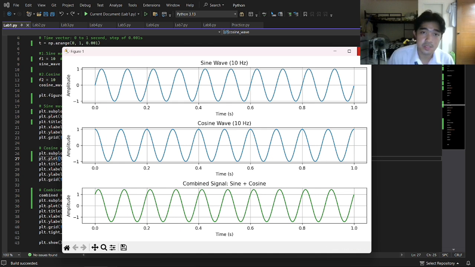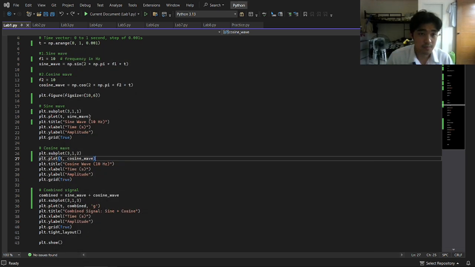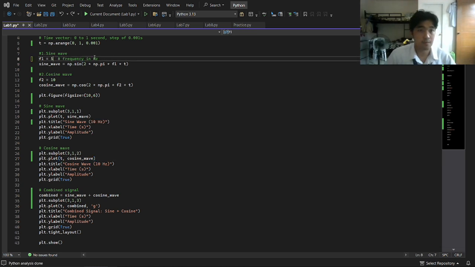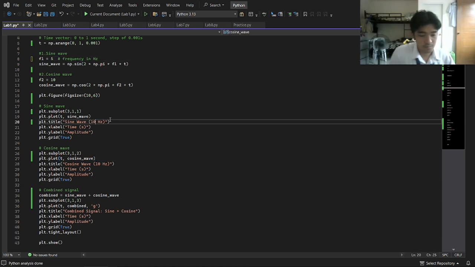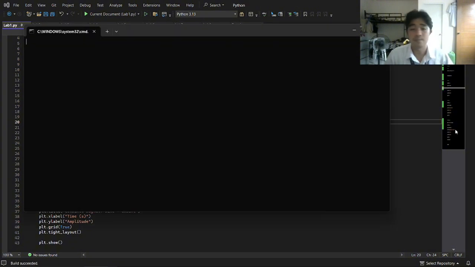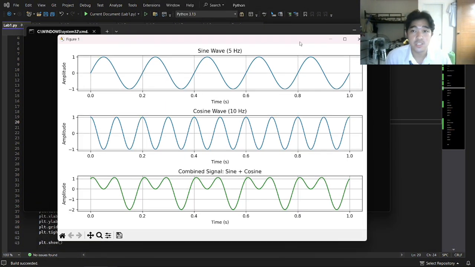But what happens when we try to change the frequency or the phase of either wave? Changing the frequency of the sine wave to 5 Hz gives us a combined signal that is deformed. This happens because when they are out of sync, the cosine wave and sine wave try to cancel each other out, giving us this deformed signal.